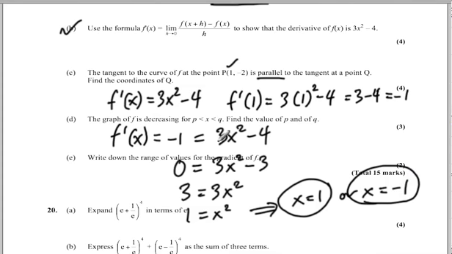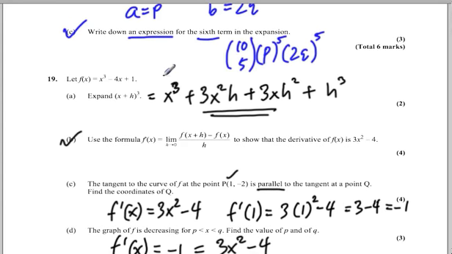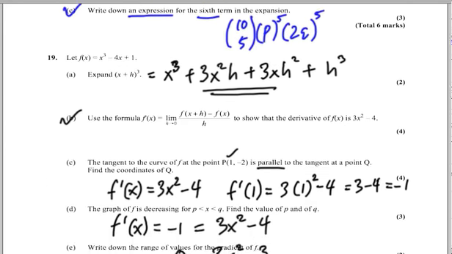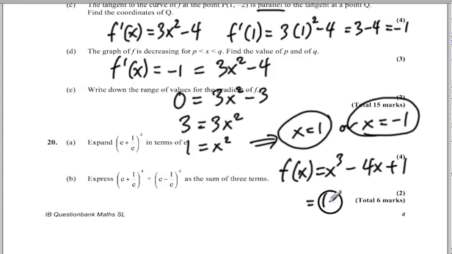In order to do that, we're not going to plug it into 3x squared minus 4, because that's the derivative function. If we want to find the coordinates, we have to plug it into the original function. The original function is x cubed minus 4x plus 1. So that's negative 1 cubed minus 4 times negative 1 plus 1.